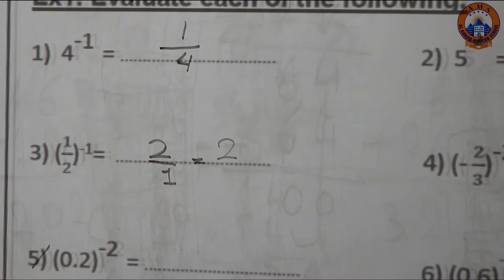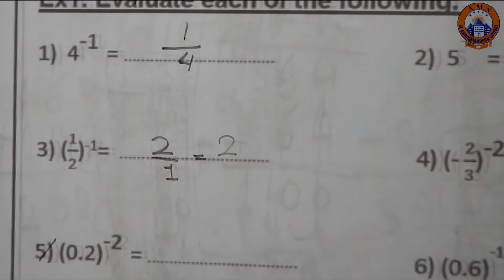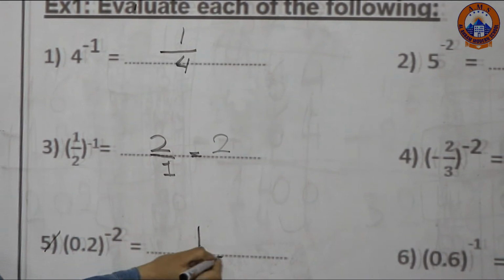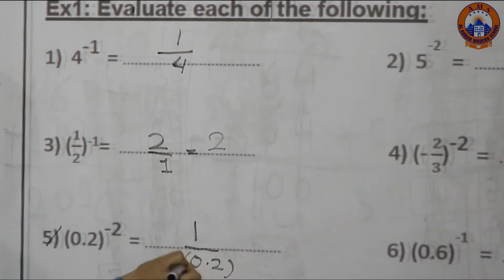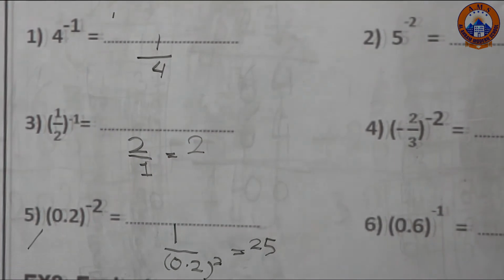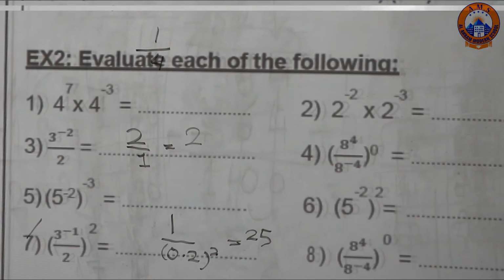Exercise number 5, 0.2 to the power negative 2, you will make the power positive, so put 0.2 down. It will be 0.2 to the power 2, and this will be 25. You can do 2, 4, 6 by yourself and check your answers from the model answer.